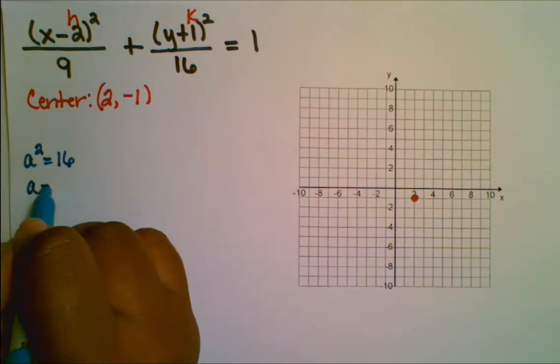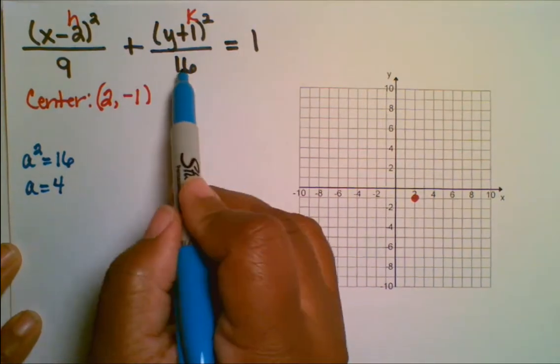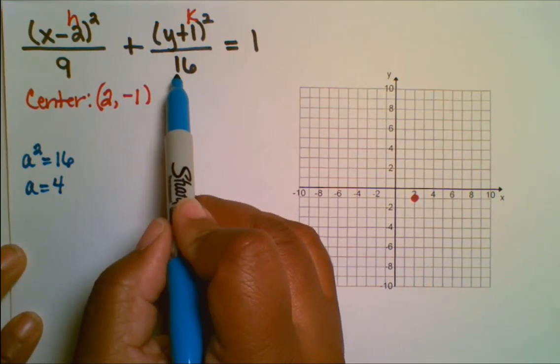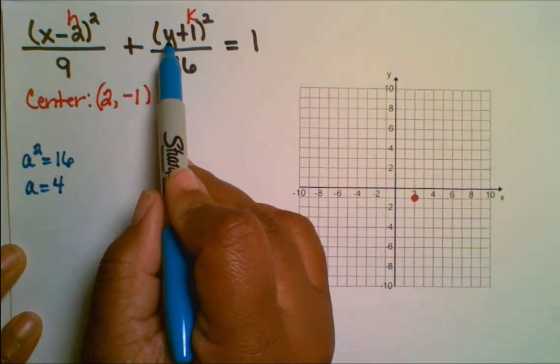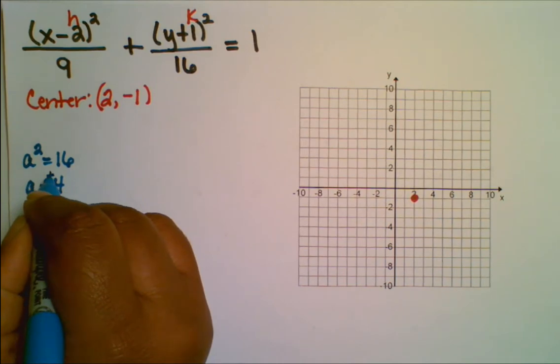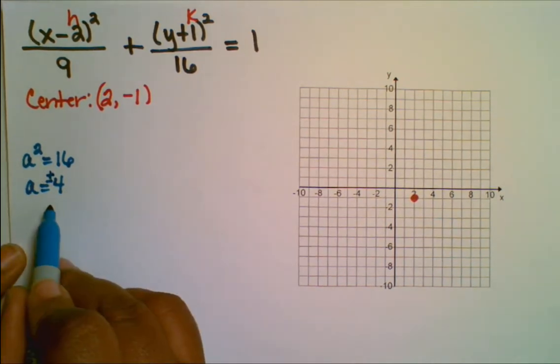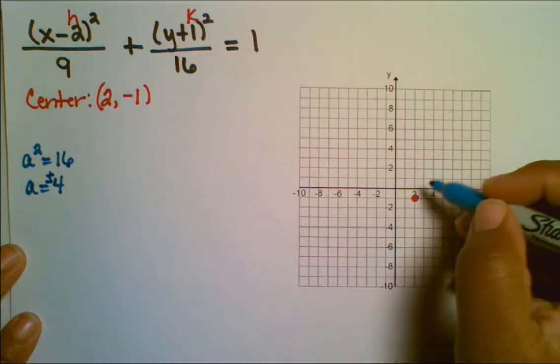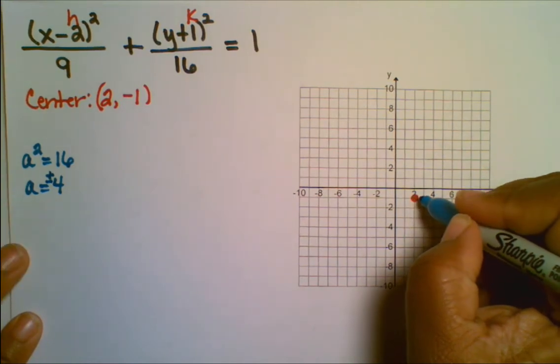Therefore, a is 4. Now, our 16, going back to the equation, is paired with the y squared term. So that means we're going to be moving along the y-axis, meaning we're going to go up 4 units and then down 4 units.